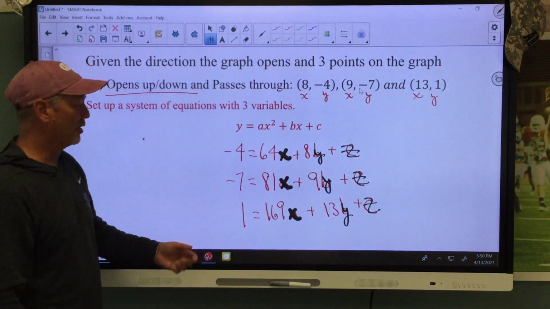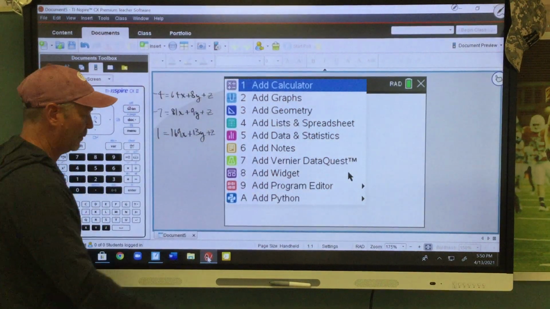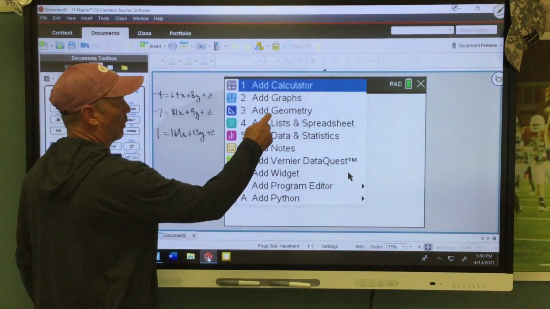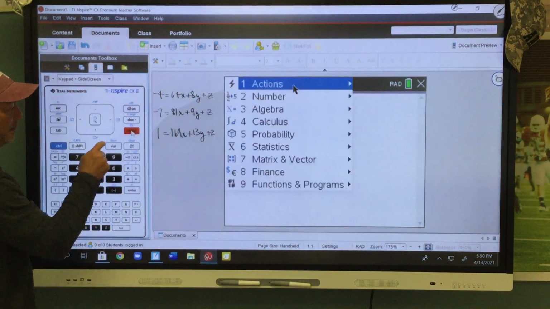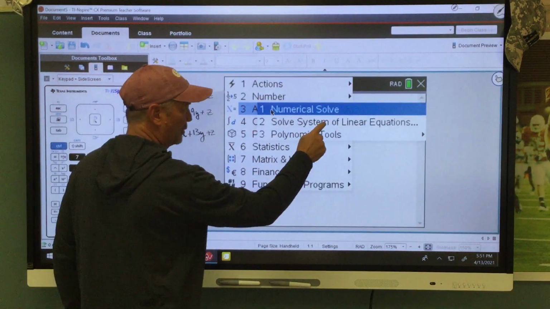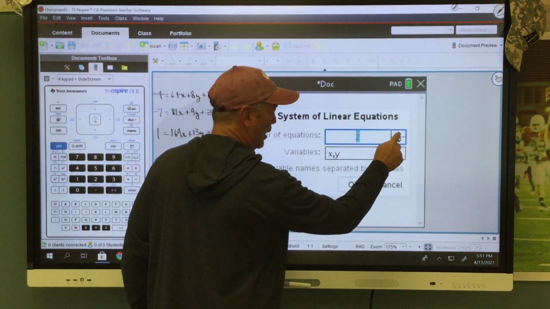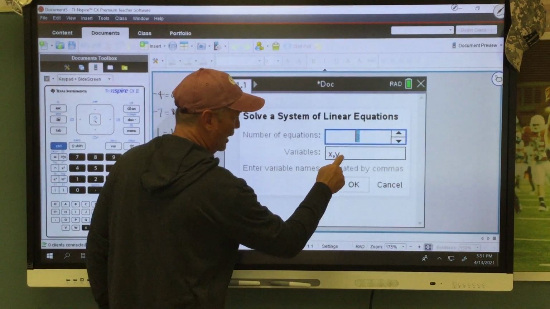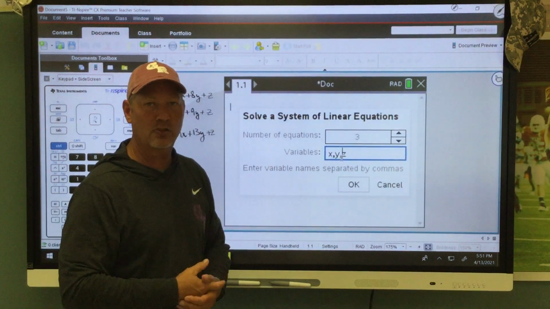So you're going to put those into your calculator. I've got this started for us. We're going to go to calculate, menu, algebra, systems of linear equations. We need to change this to 3 equations, and that's going to change us to x, y, and z instead of a, b, c.